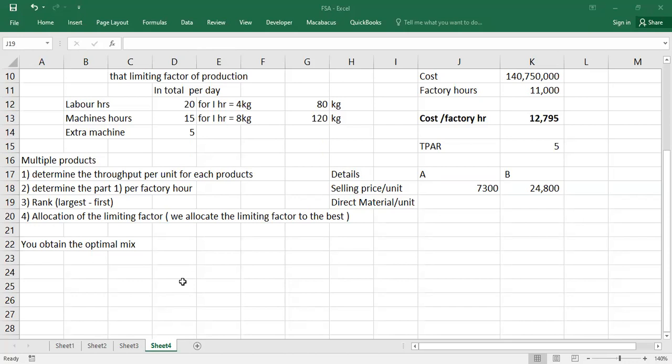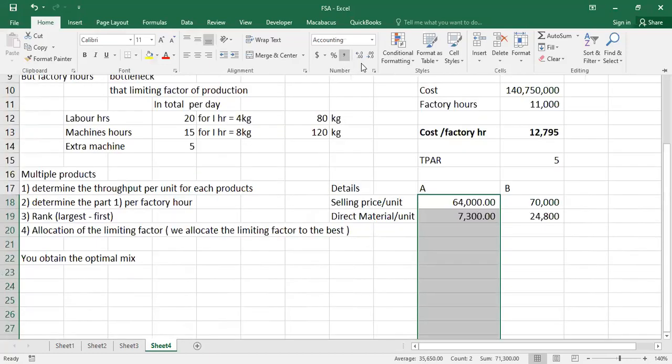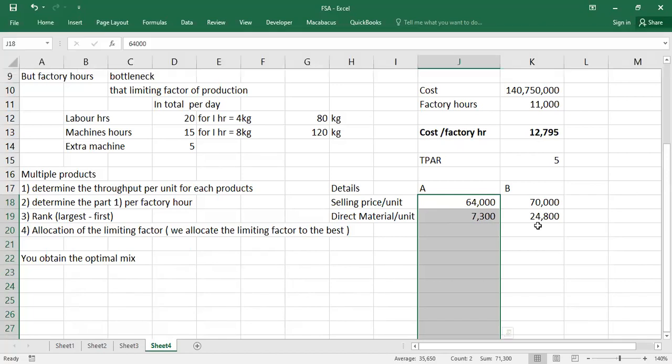Sorry, these are material costs. I think you have 70,000. Then here we have 64.